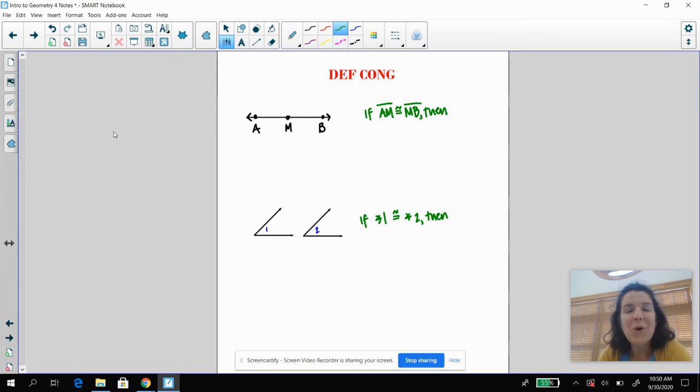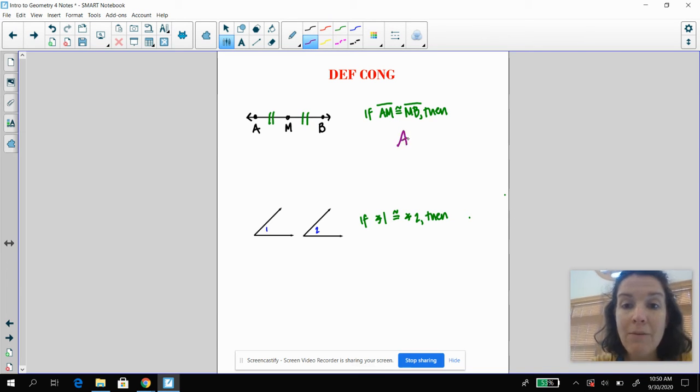All right, so some other important things here. So we added in today complementary angles and comp pos. Now we're going to add in the definition of congruence, and this is also known as DEF-CONG. So the definition of congruence is just two line segments or two angles that are congruent to each other. Their measurements are equal. So if I am told that line segment AM is congruent to line segment MB, then I know that the measurement of AM is equal to the measurement of MB.